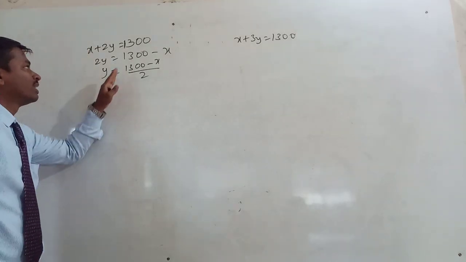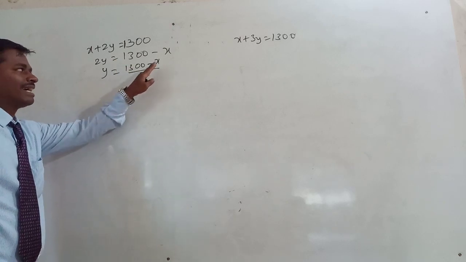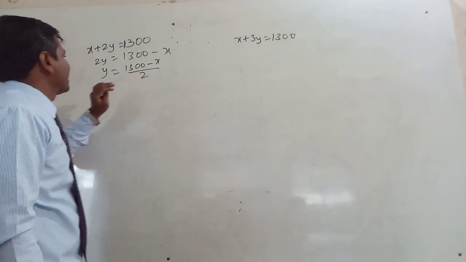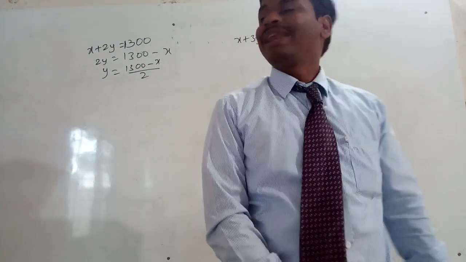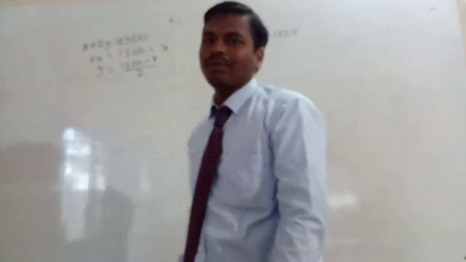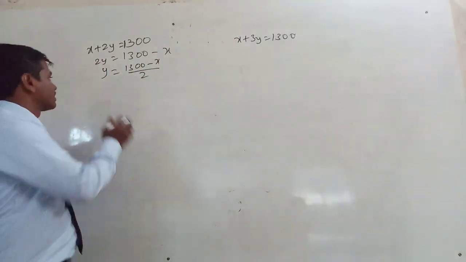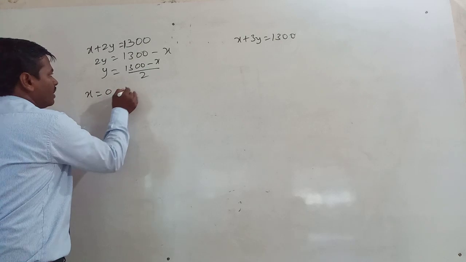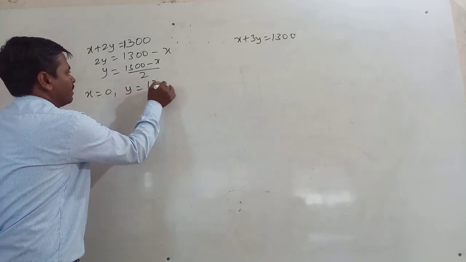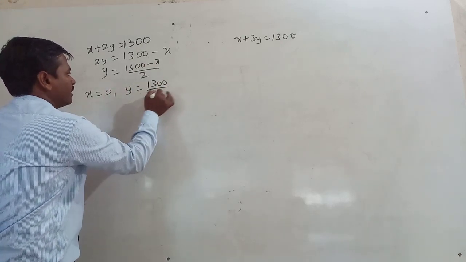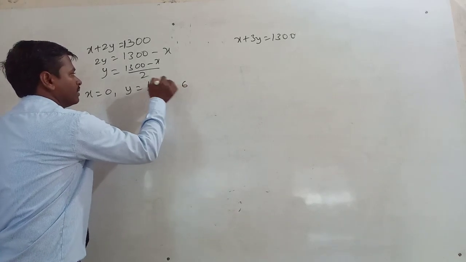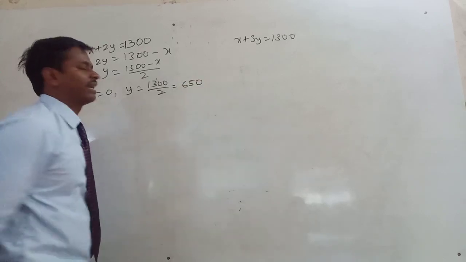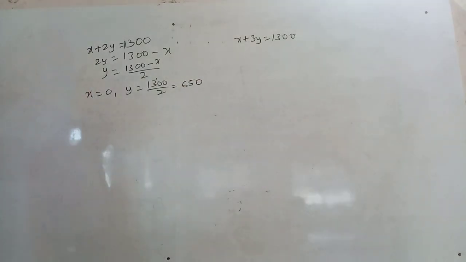Now what x value can we take so that we can cancel easily? When x is 0, y is 1300 minus 0, which is 1300, divided by 2. 2 sixes are 12, 2 fives are 10, we get 650. y is equal to 650.